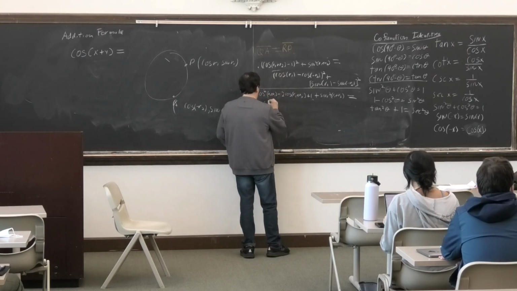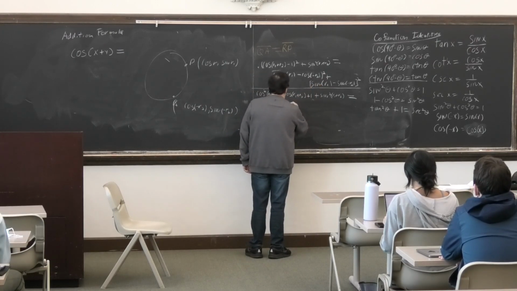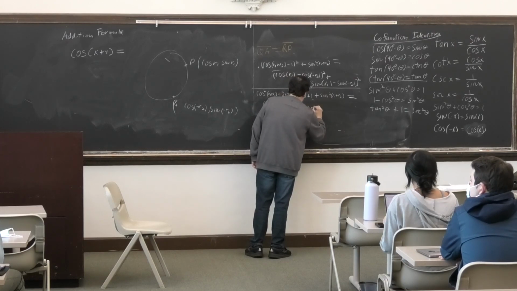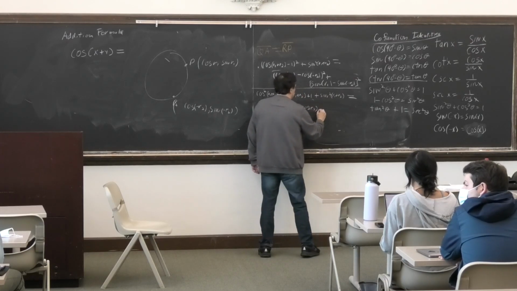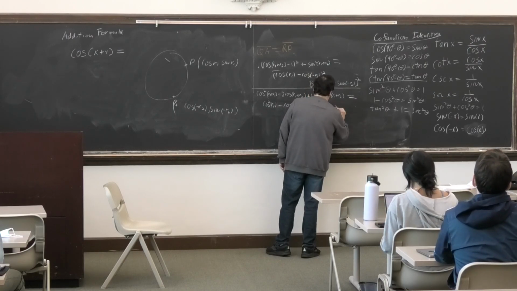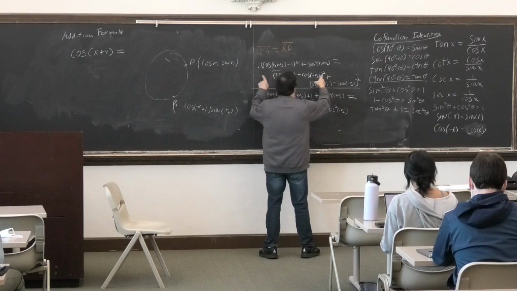Oh, cosine squared R1 minus cosine R1 cosine R2 plus cosine squared negative R2. That's the first line.